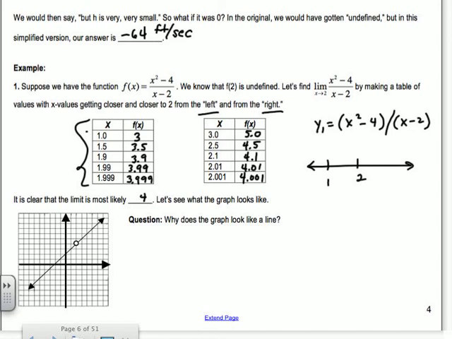The left, right. This is the left. So from the left. Okay, if I start at 3 and I get closer to 2, if I go this way, that's going to be from the right. Okay, and that will be very important because we're often going to talk about what happens from the left and from the right.